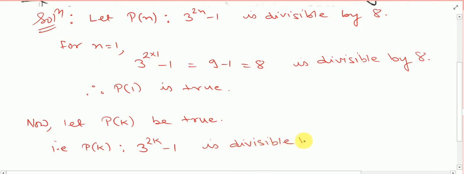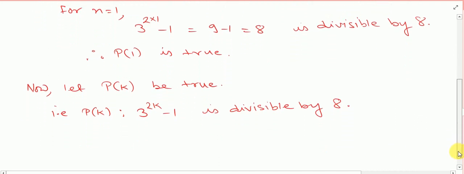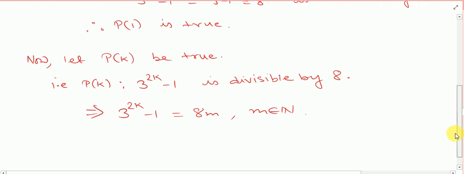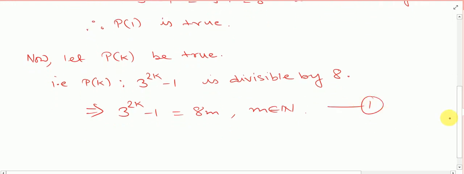And once I say it's divisible by 8, that means this whole expression is a multiple of 8. So this implies 3 to the power 2k minus 1 is equal to 8 times m, where m is some natural number. Okay, give this as equation 1.